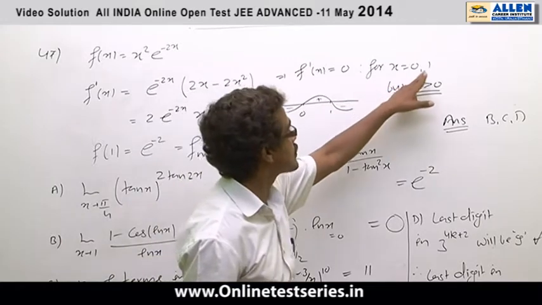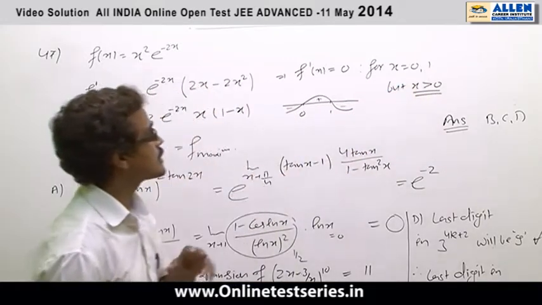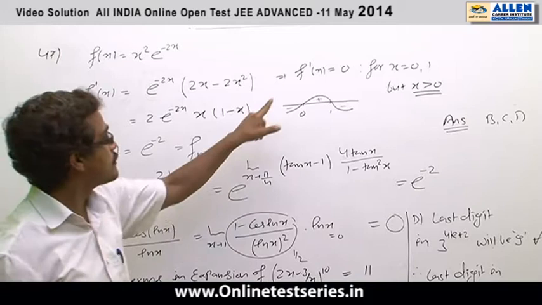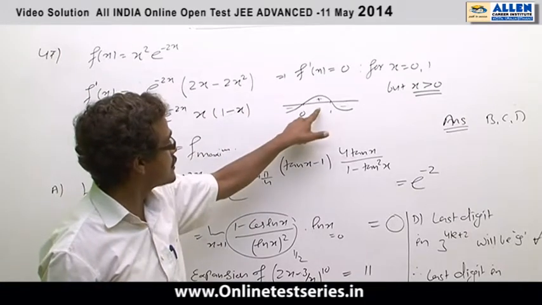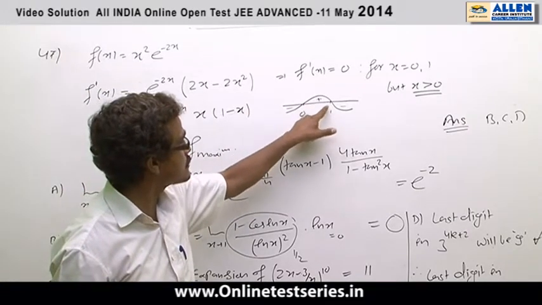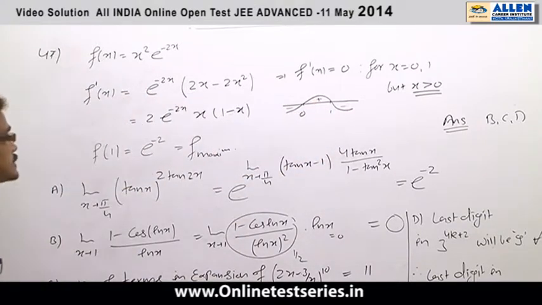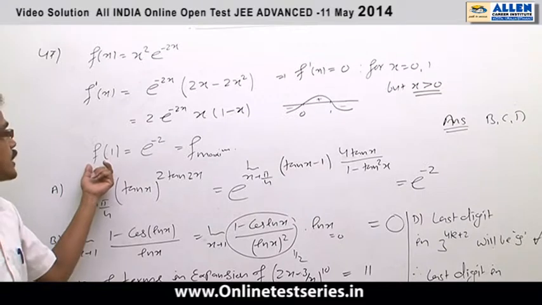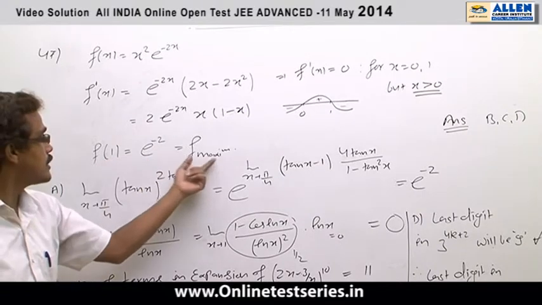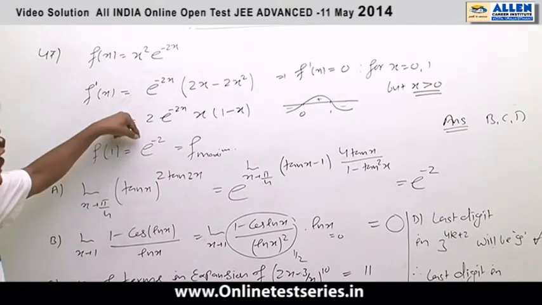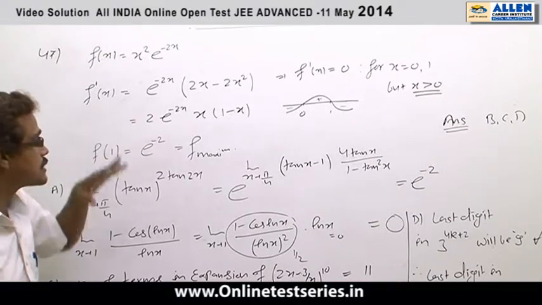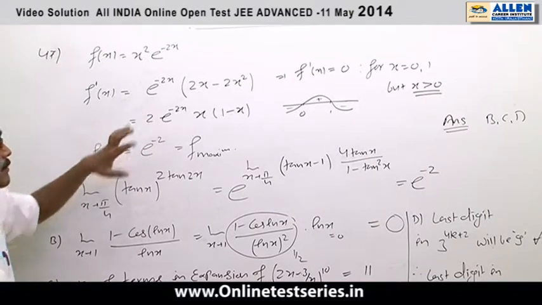That's why there is only one extremum point, which is at x equal to 1. By the sign scheme of f', we can conclude that at x equal to 1, f' changes its sign from positive to negative. This means at x equal to 1, f has a local maximum, and this maximum value will be equal to e^(-2).